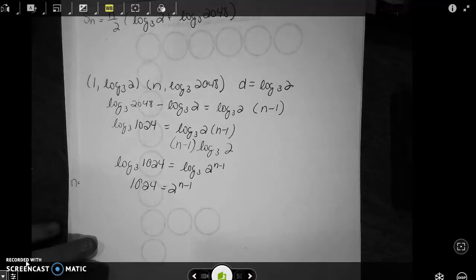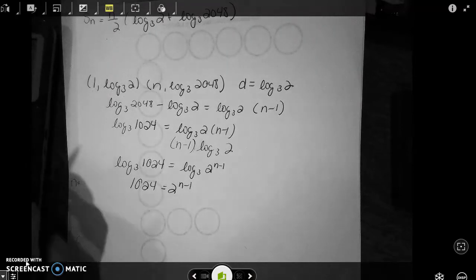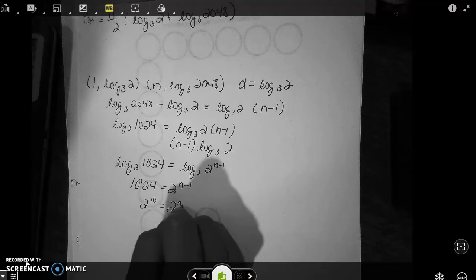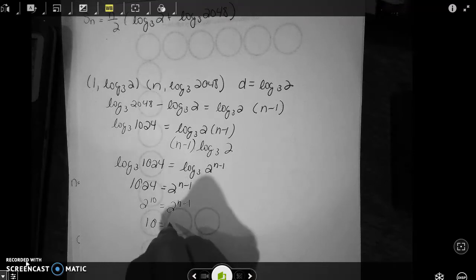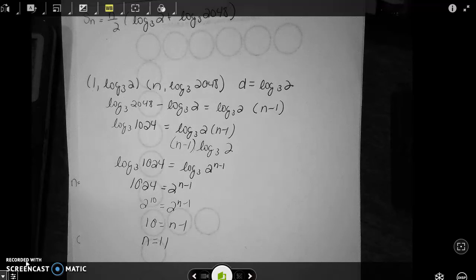And I know that I can write 1024 as a power of 2. It's actually 2 to the 10th. So since the bases are the same, the exponents have to equal, so that means n will be 11.